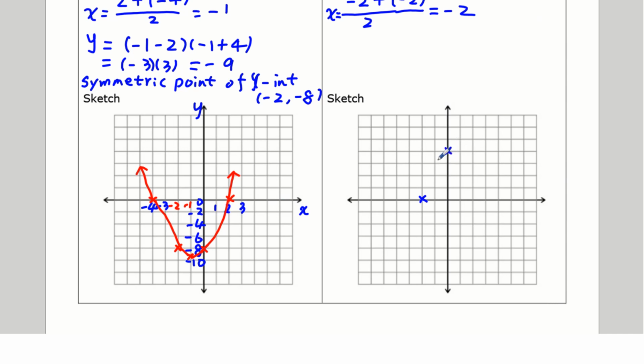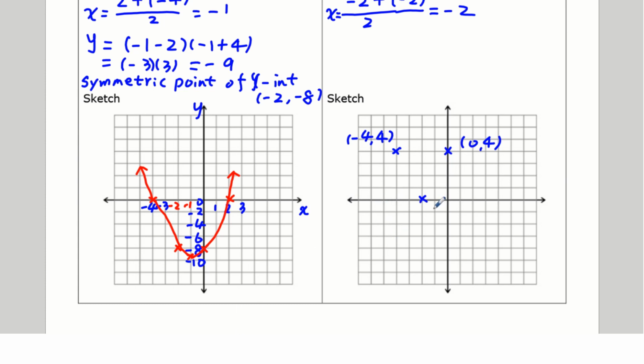And the symmetric point for the y-intercept will be double of the x-coordinate, which is negative 4, and the y value is the same. So it's (-4, 4). This is (0, 4). So you have only 3 points. How can you find the other 2 points?